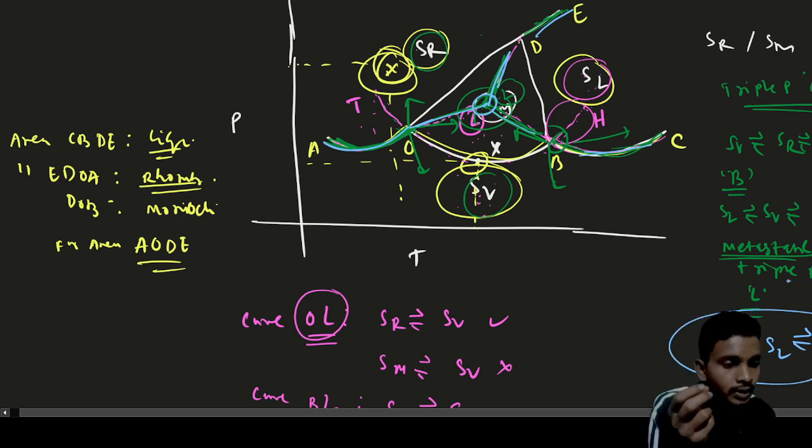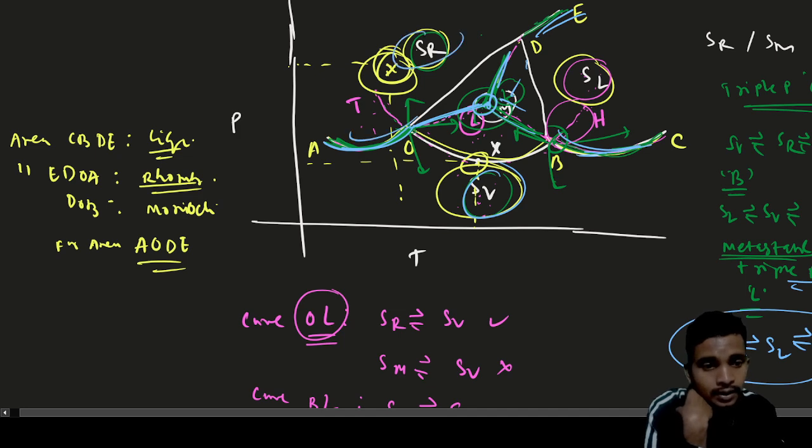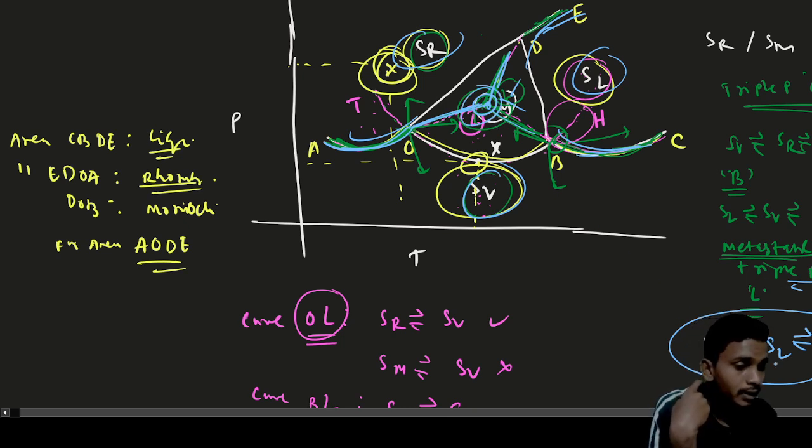So this metastable triple point is SR, SL, SB, not SM, because this curve comes from here. So this is SB, and this is SR, and this case is SL. So SM is not there. So this metastable triple point L is SR, SL and SB, SM will not come.